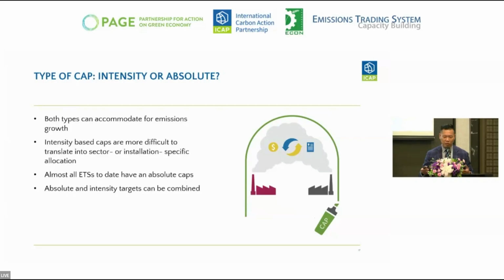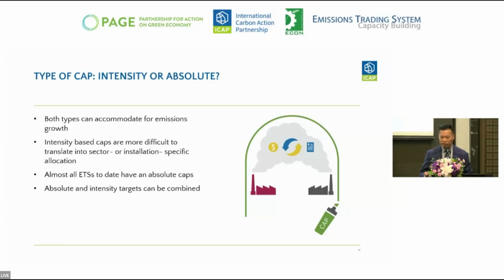But with absolute cap, it's easier to balance between them, or we don't need to consider the balance. Yeah. The third line is a little bit outdated. We would say now more intensity systems are running and it's becoming mainstream.